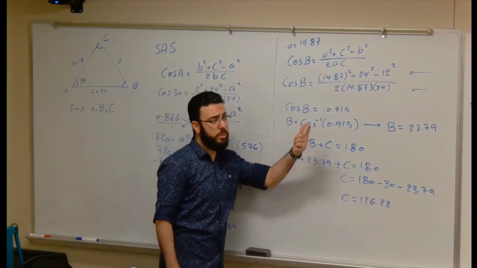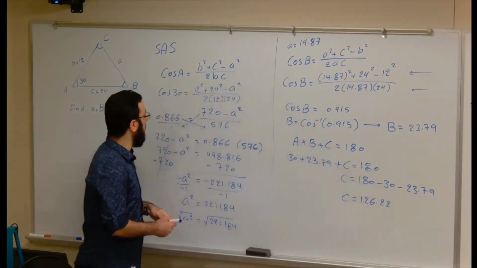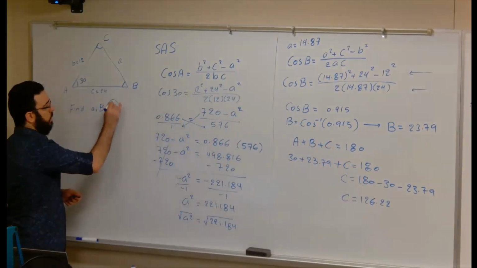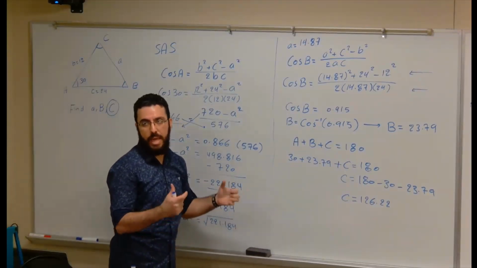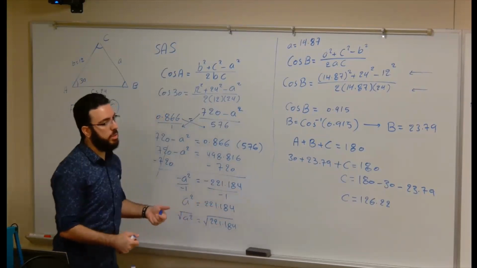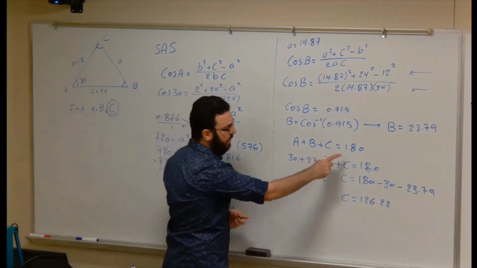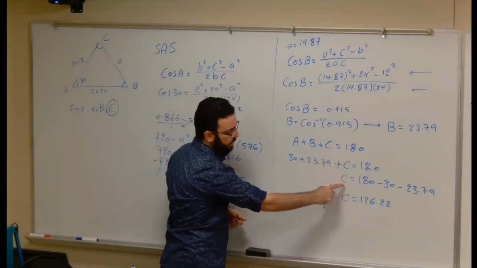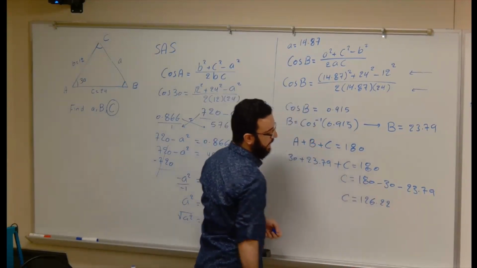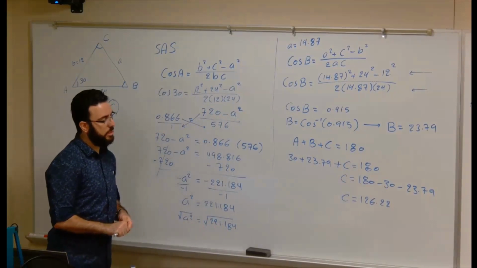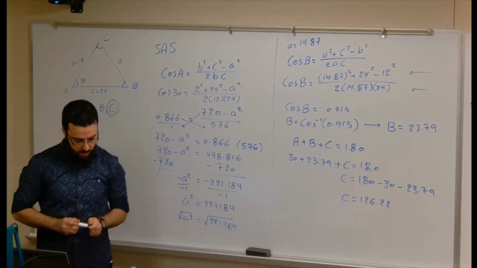Again, you want to use the second formula to find the angle C, or you can say, okay, I have angle A and angle B. The sum of any three angles is going to be 180. So C equals 180 minus 30 minus 23.79. So C is going to be 126.22.